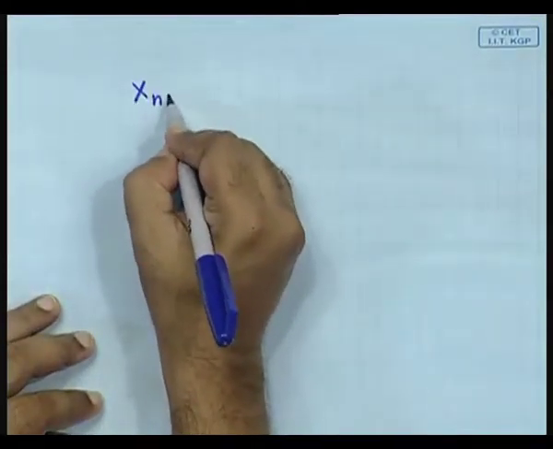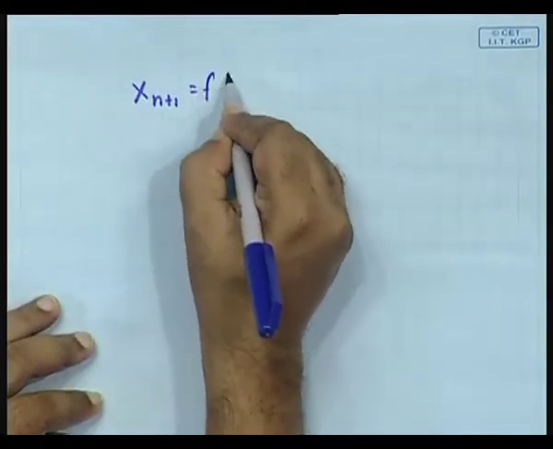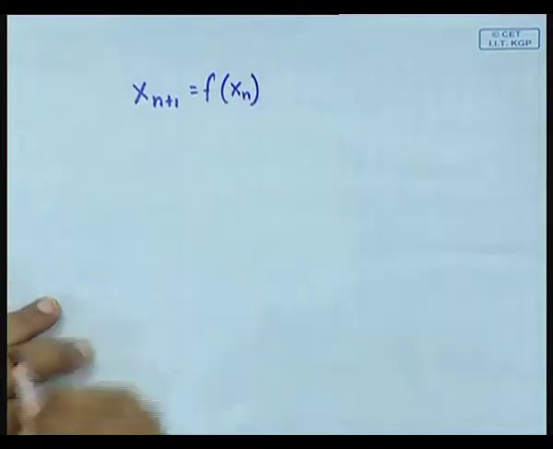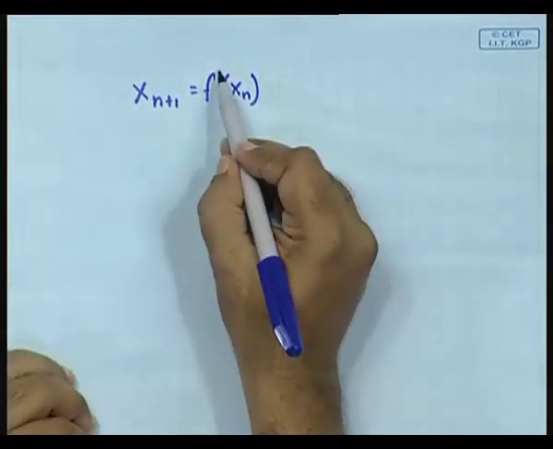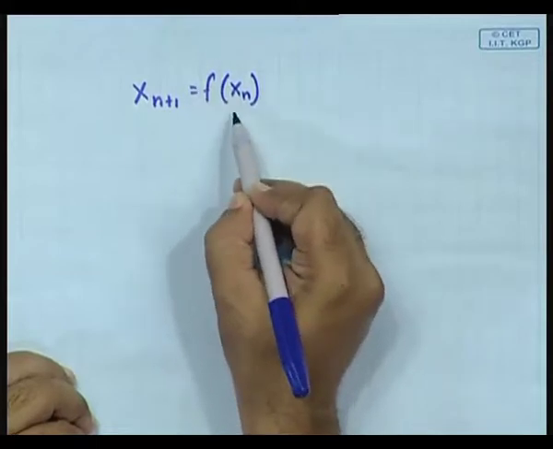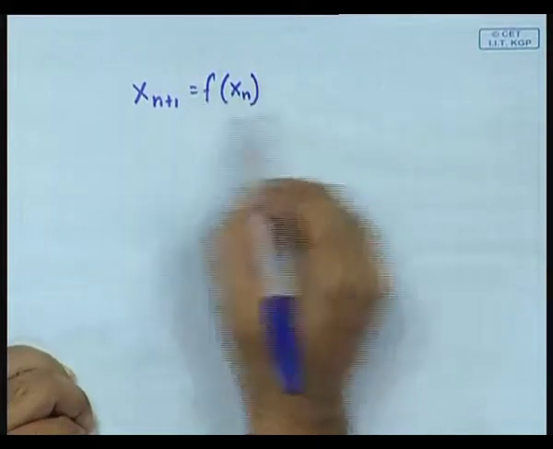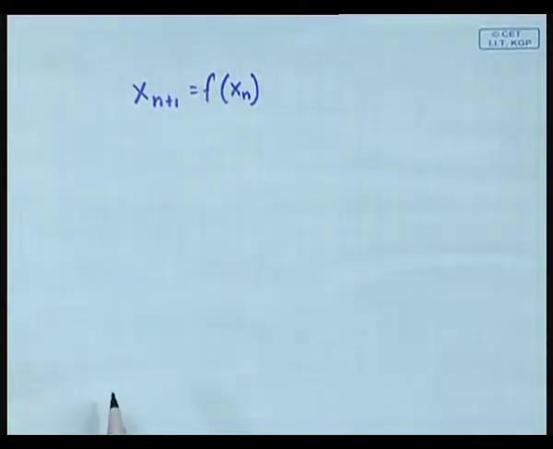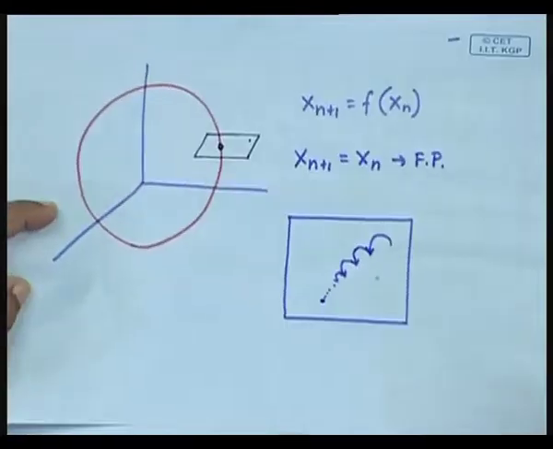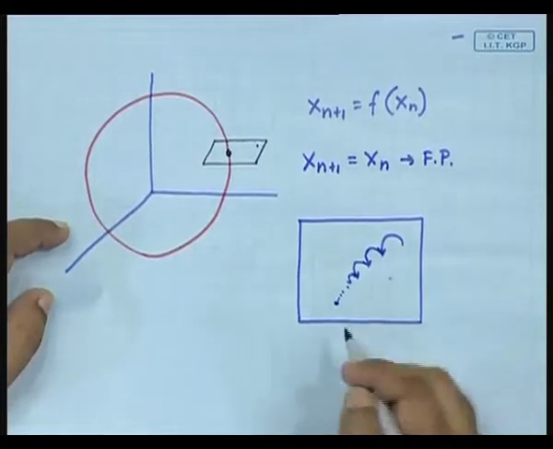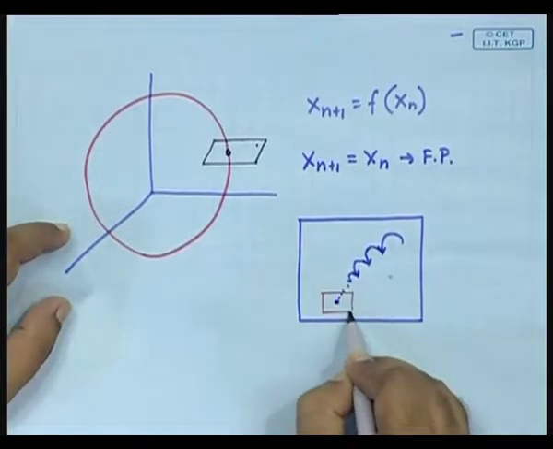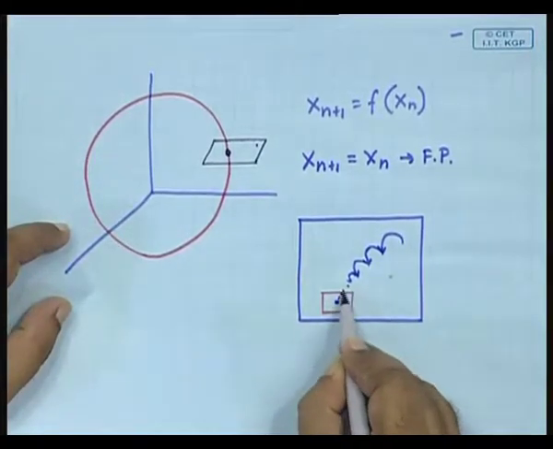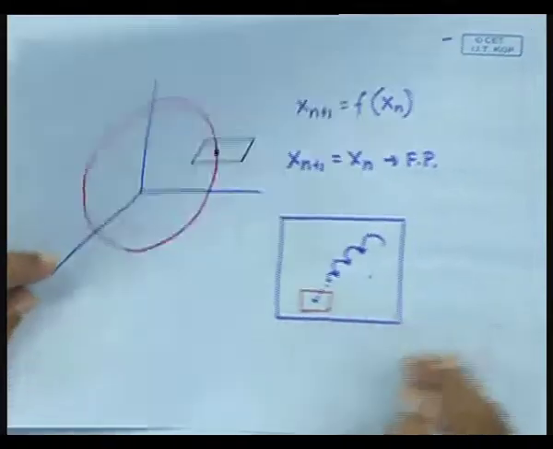Now, if you have an equation something like this, normally this function will be a nonlinear function. In that case, if I say that here is my fixed point and I want to study the local linear property, what will I do?